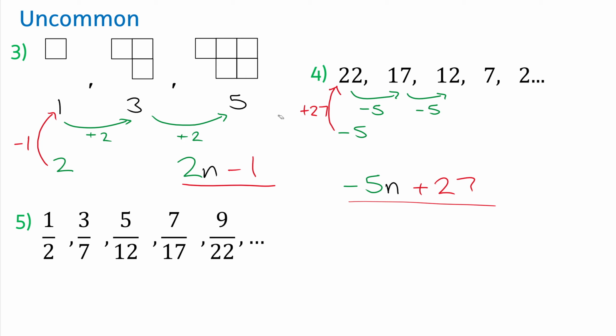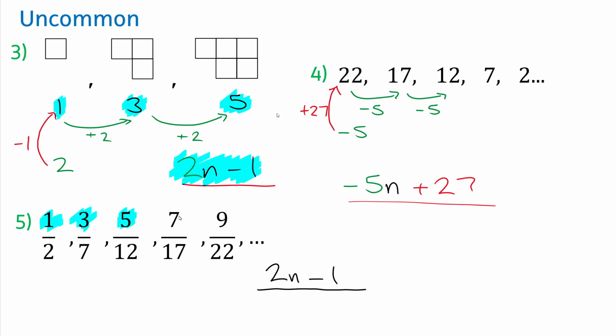Now, you may have spotted that the numerators 1, 3, 5 have the nth term rule 2n minus 1. What about the denominator?